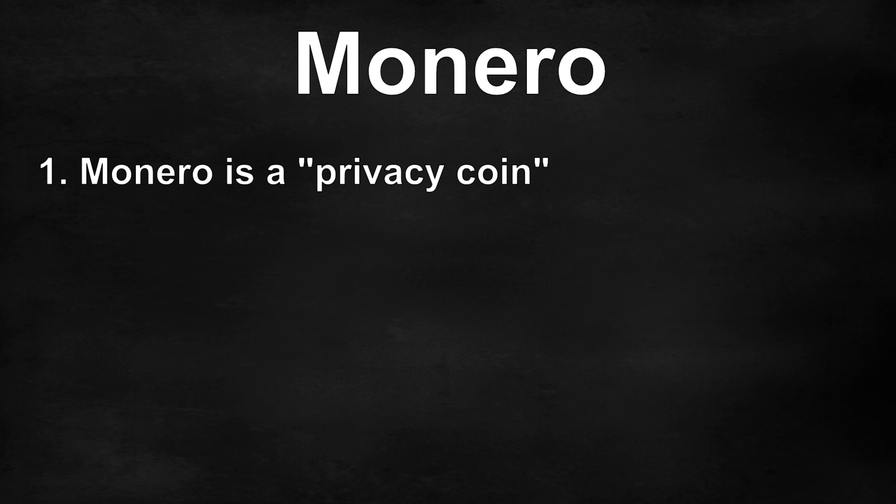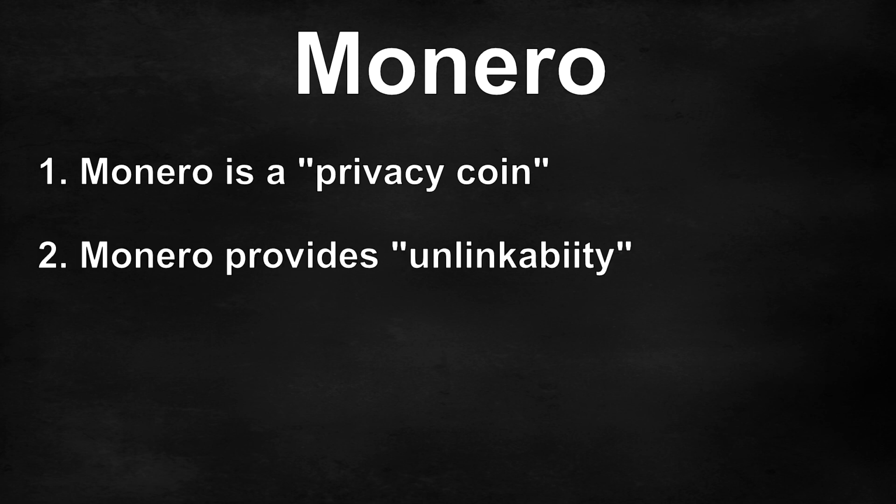The first tool we will use is Monero, and more specifically MoneroGUI. Monero is a privacy coin which is consistently ranked in the top 50 cryptocurrencies by market capitalization. Monero provides unlinkability. Your identity and your funds are completely private. This is done by the use of stealth addresses and ring signatures.